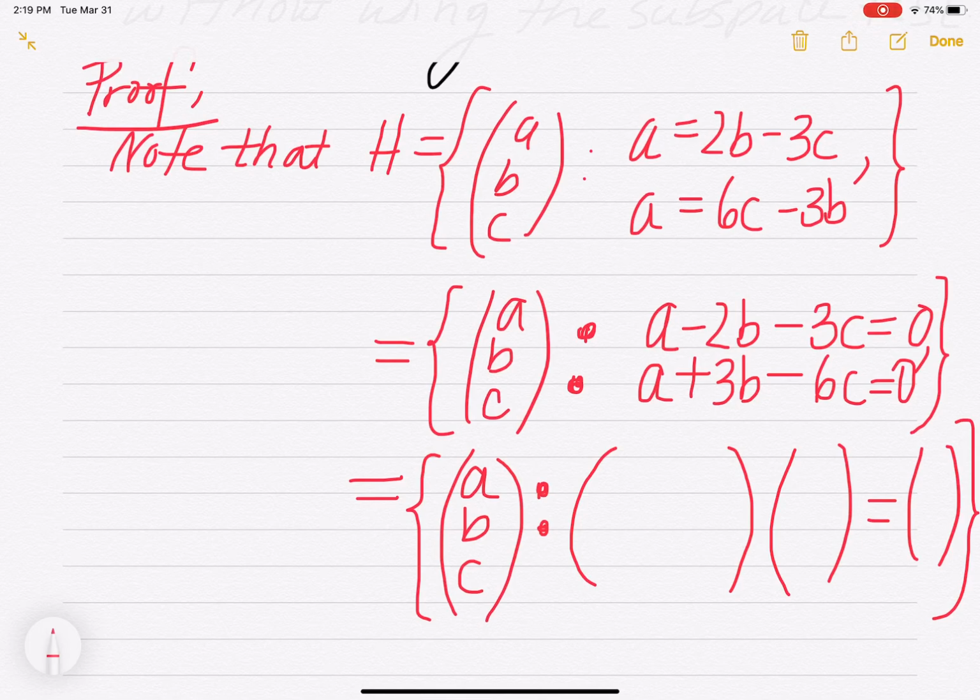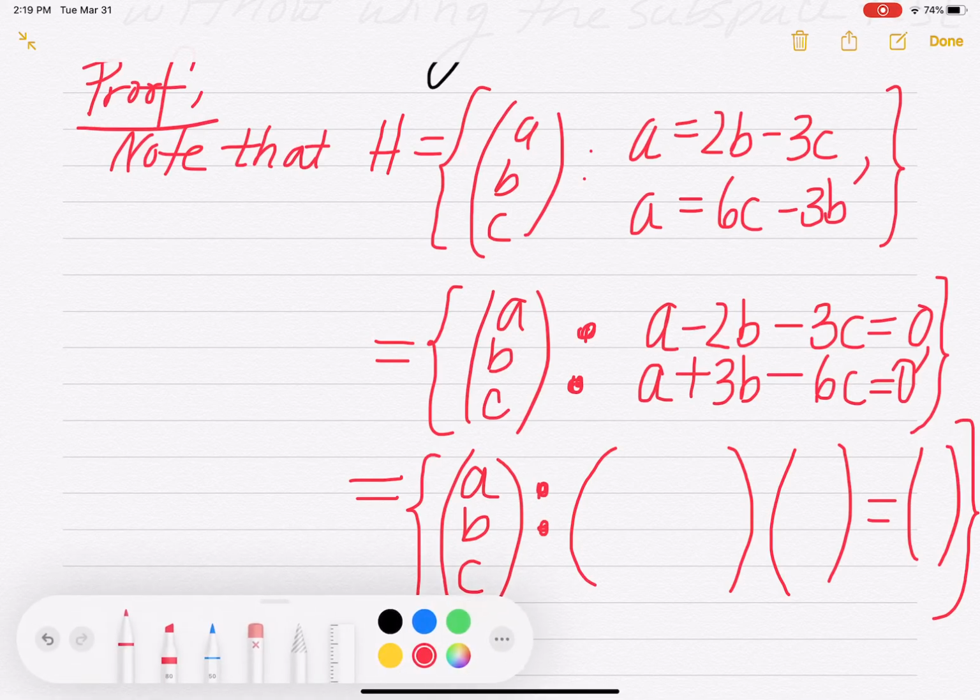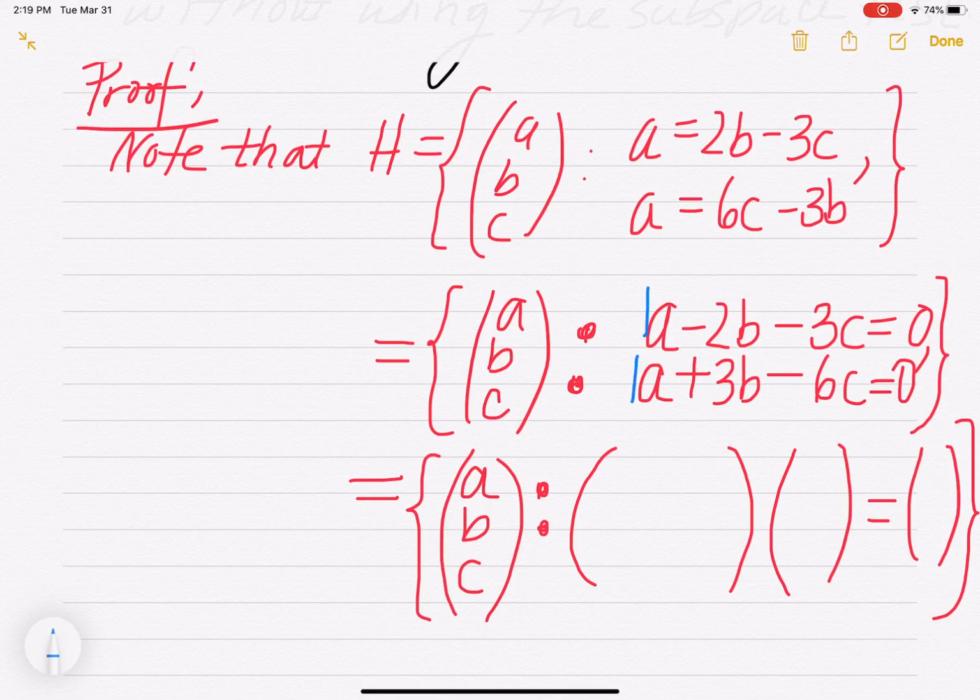First, we write down our capital matrix A, which consists of the coefficients of the variables. The first column is 1, 1. The second column is -2, 3. The third column is -3, -6.